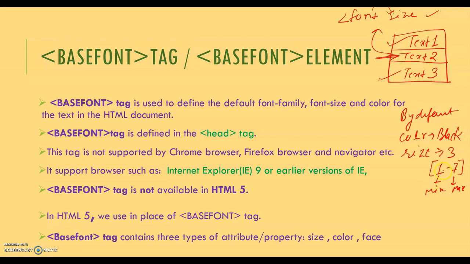So by default the text size is 3. And what about the face? By default the face is Times New Roman. So text 1 and text 3 remain default. They hold the default color, size, and face.